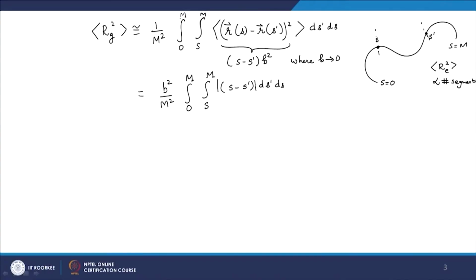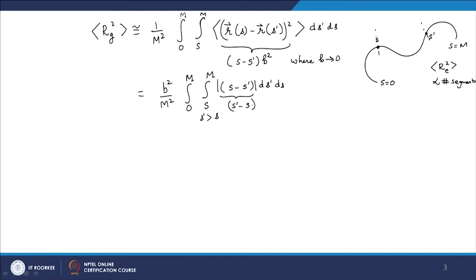We are essentially looking at this particular quantity, and since we are doing s prime from s to m, the s prime is assumed to be higher than s because for the s variable I am going from 0 to m, and for the s prime variable I am going from s to m. Okay. So, in that case this is really s prime minus s.